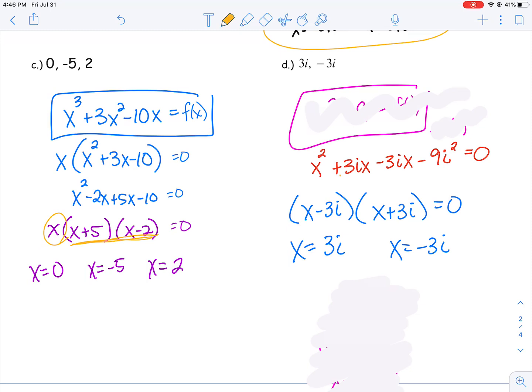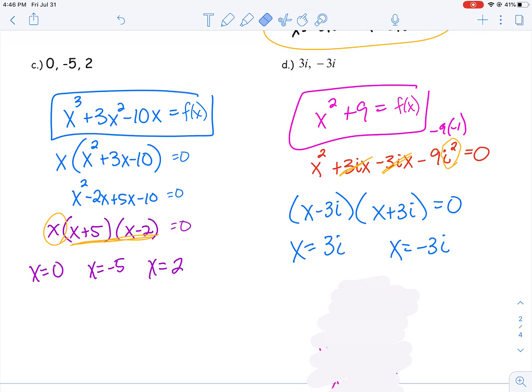You notice that those two middle terms have the same exact stuff but opposite, so they zero each other out. And then I have -3i times +3i, which is -9i squared. Ooh, do you remember what i squared is the same as? Hopefully you remember that i squared is the same thing as -1. So I really have x squared plus 9 as my function that has the two imaginary solutions.